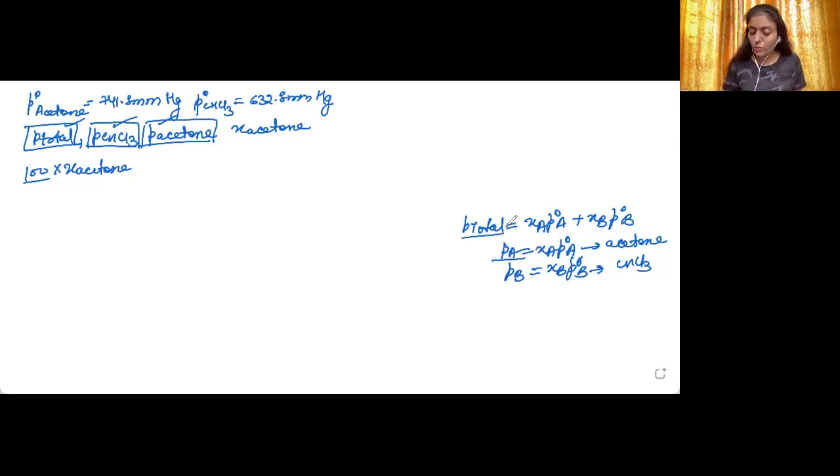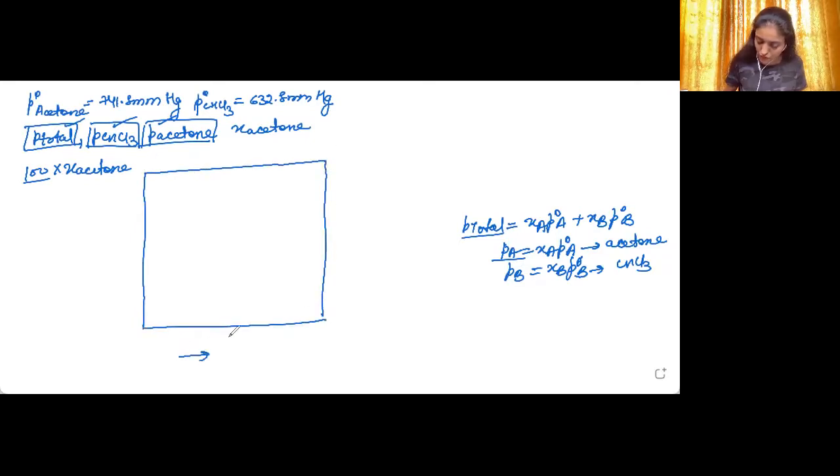Then we need to take all the values for the total vapor pressure of the solution, get the values, draw the curve. Then plot this data also on the same graph paper, and indicate whether it has a positive deviation or negative deviation from the ideal solution. For that, I'm just giving you the clarity of the concept, what we need to do.